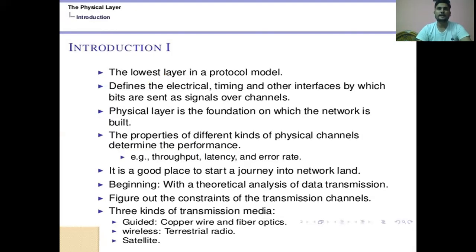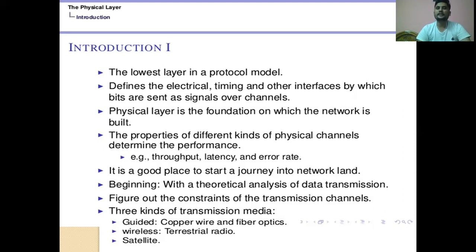This is the introduction part of the physical layer. I think you all know this is the lowest layer in the protocol model. The reference model starts with the physical layer, then the data link layer, network layer, transport layer, session layer, presentation layer, and finally the application layer. The lowest layer in the protocol model is the physical layer, so the starting point is the physical layer.